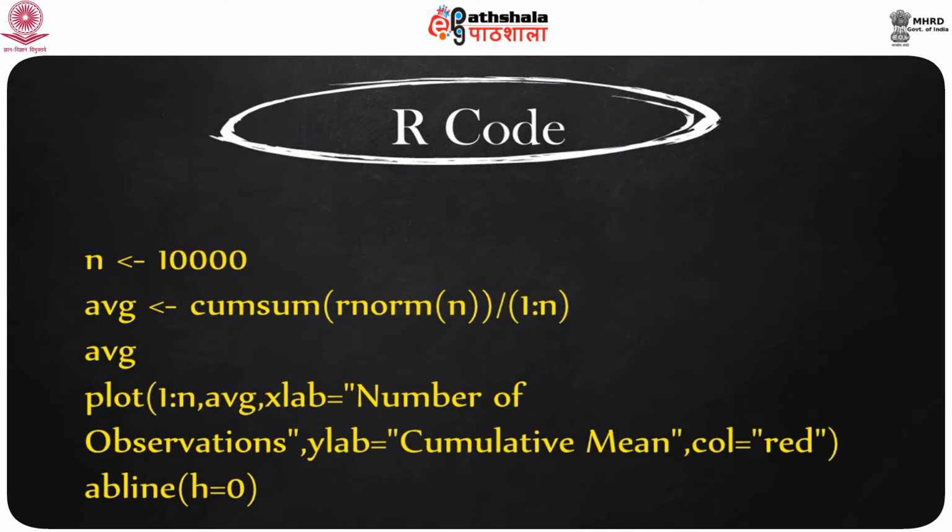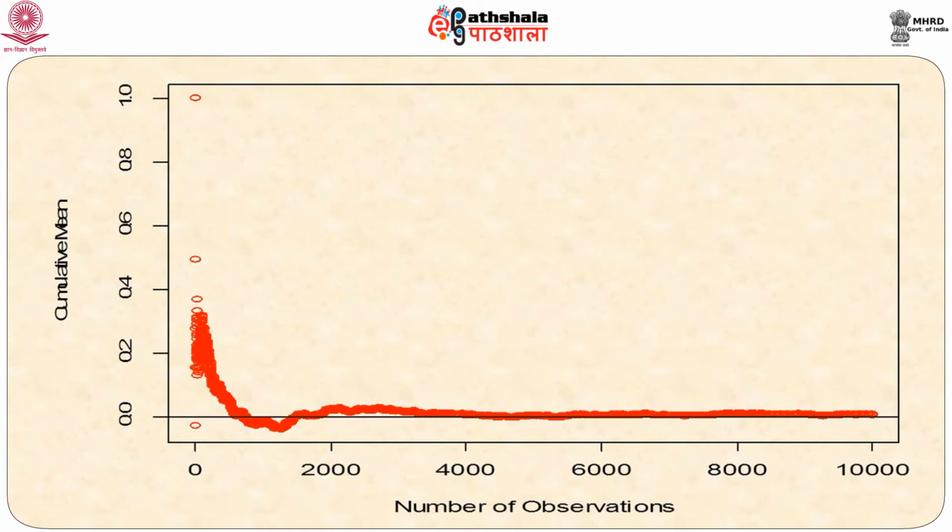So, now we are plotting the cumulative means corresponding to the observations. With the help of this code that has been given here, our plot will look like this. Have a closer look at the plot. Here at the very beginning, there is a lot of variability in the mean, but as the number of simulations increases, we are having a different story.